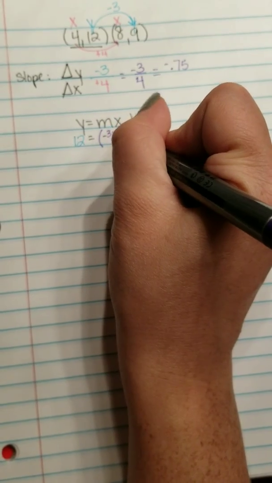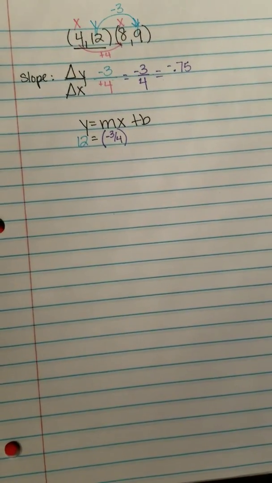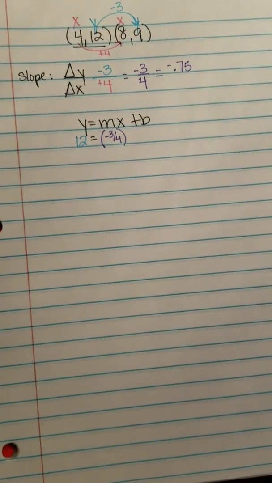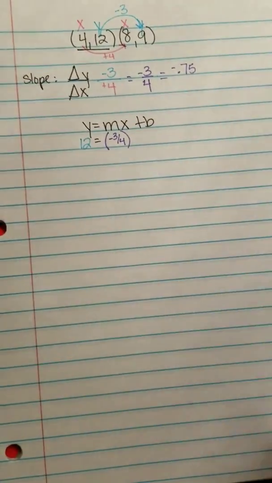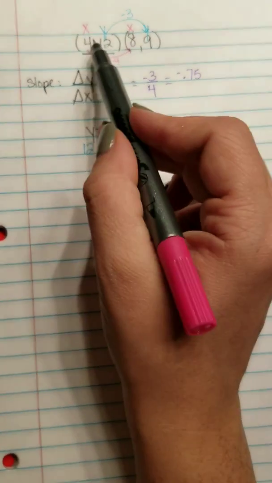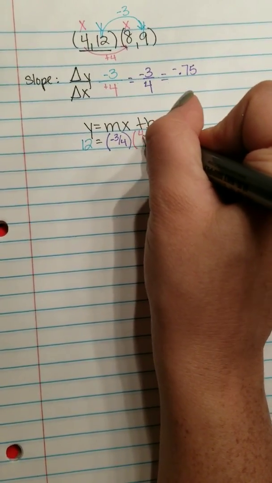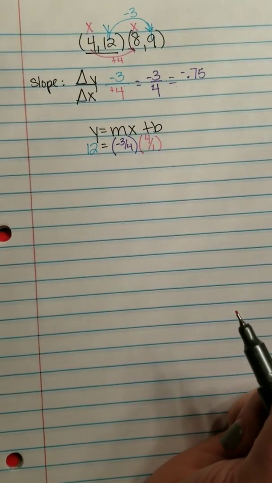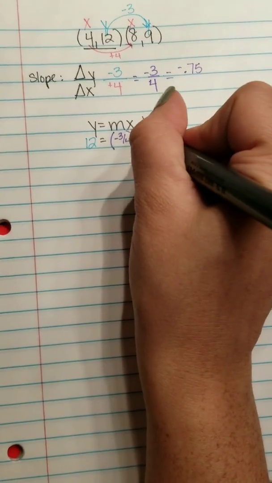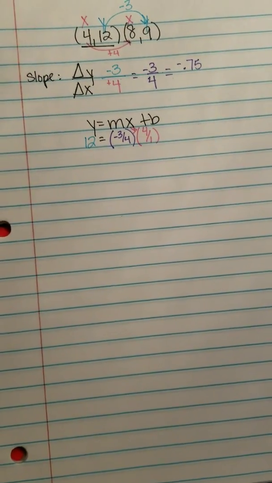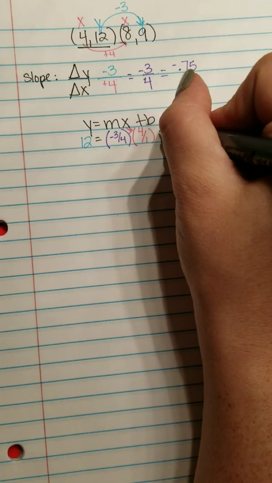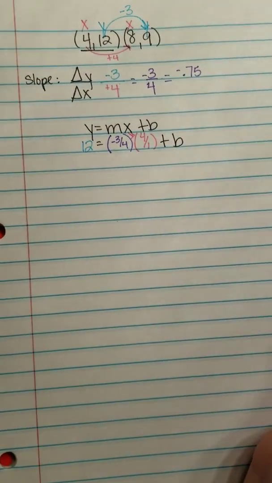I'm going to put that in parentheses because it's a fraction and I want it to be able to multiply it. You can leave it out, just make sure you put in a multiplication symbol in between. And my x is 4. And because I am multiplying by a fraction, I'm just going to throw that over 1 already. So I have 4 over 1, because that's how we write a whole number as a fraction, plus b.